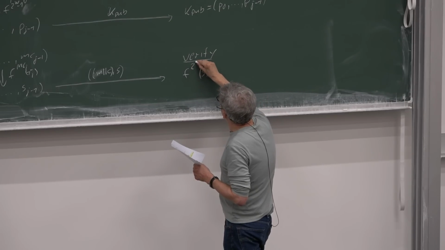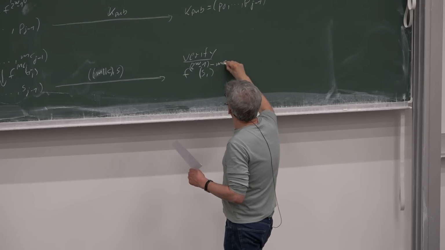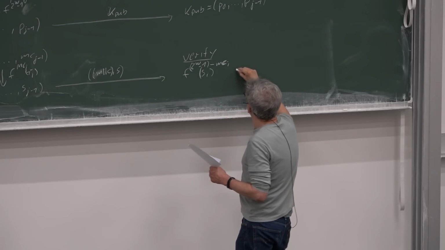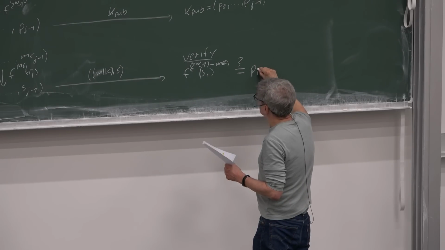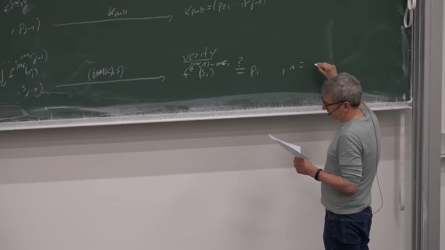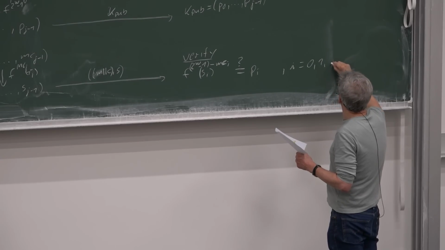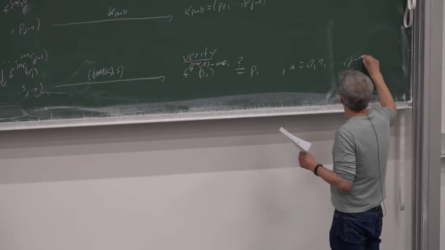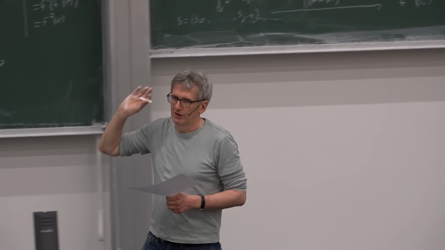So you do again 2 to the W minus 1 minus MC index i. And he checks, is this equal to Pi, for i runs from 0, 1 up to J minus 1. Okay.